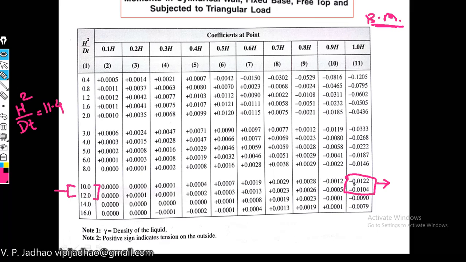After interpolation, we get the value of coefficient equal to minus 0.0117. So this is the value of coefficient we have to use.